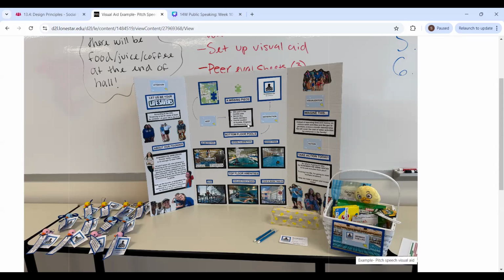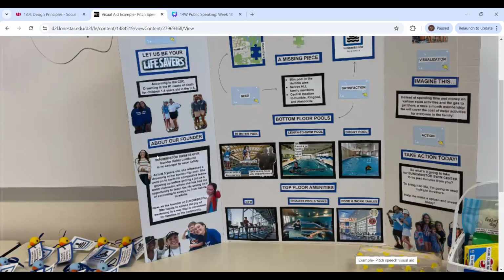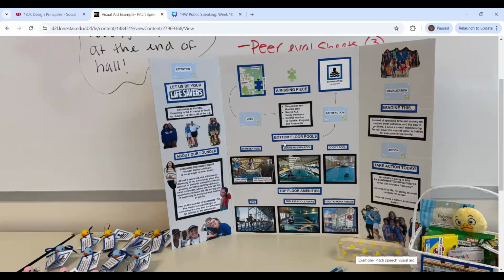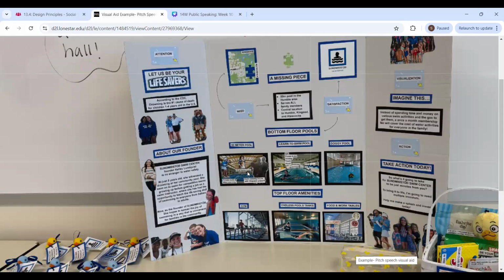But also looking at her trifold, right? She does have words, and I think she did good at putting who she is and a background. But then, right, simple words, the pictures are kind of talking for it.